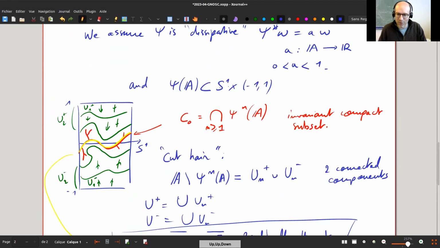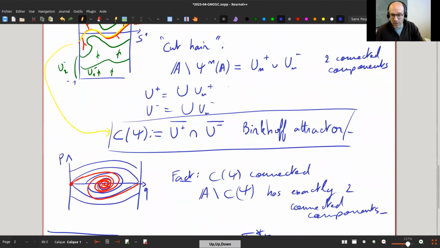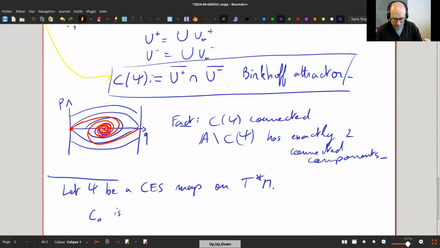But then how do you cut hair? I mean, this procedure of considering the upper part and the lower part, and then taking closure, doesn't work in higher dimension, because there's only one connected component in the complement, and so when you take closure, you will just get everything.